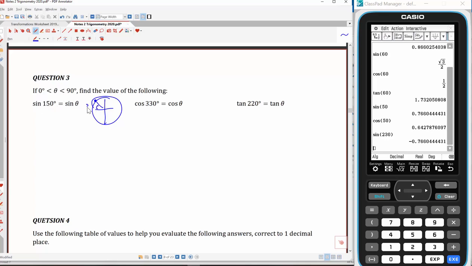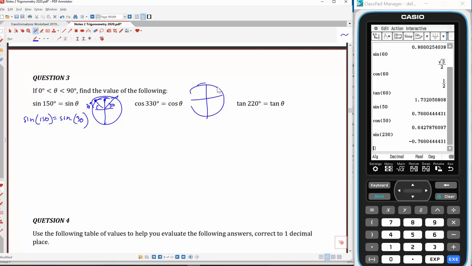It's going to be 30 less than 180 degrees. And sine is this value here. So it's going to be exactly the same as getting the sine of 30 over this side and producing this value here. So sine of 150 is going to be the same as the sine of 30. Both produce exactly the same value.